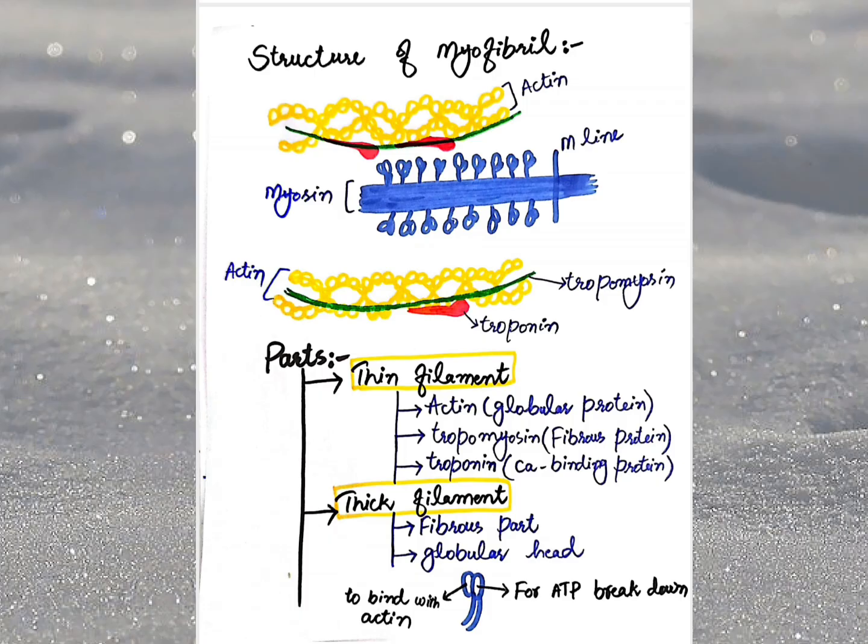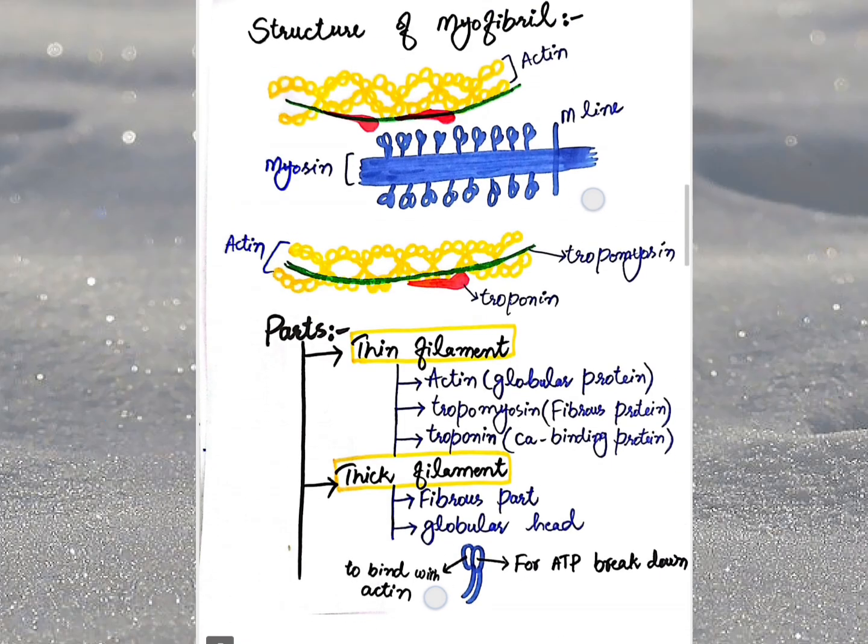Whenever the calcium is bound to the troponin, there will be the binding of the heads of the myosin to the heads of the actin. But in the normal situations the heads are covered by the tropomyosin. Okay, so this is the structure of the thin filament. Actin is present, tropomyosin is present, which is covering the head of the actin, and another protein which is known as troponin, and this is the calcium binding protein.